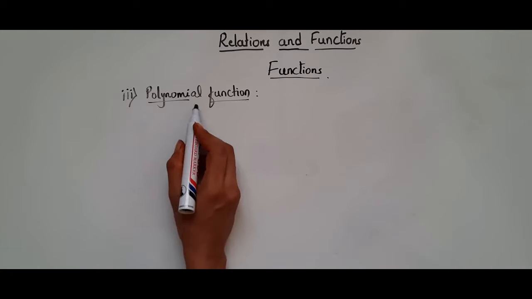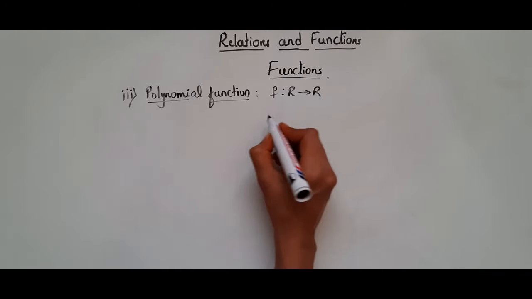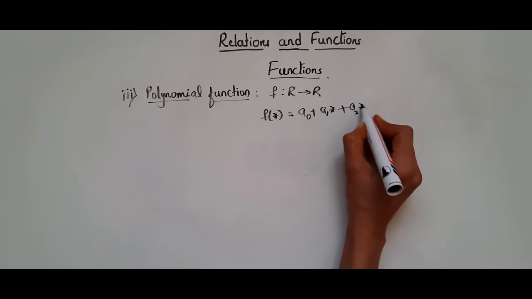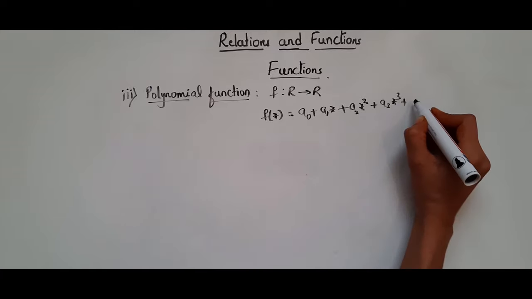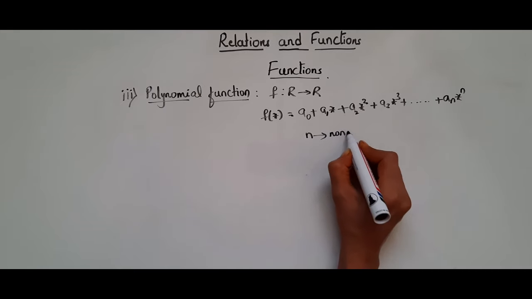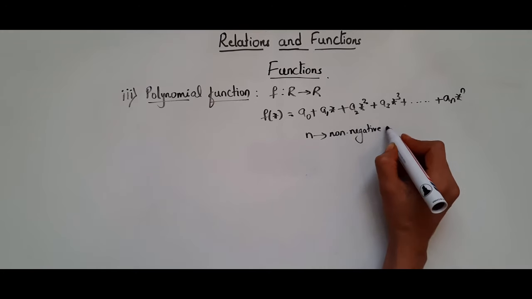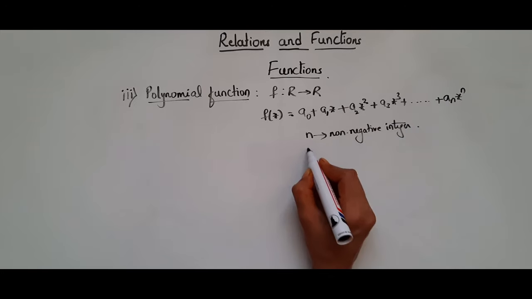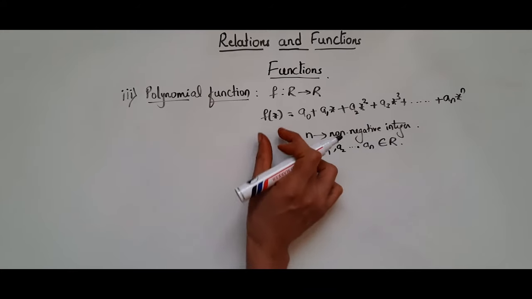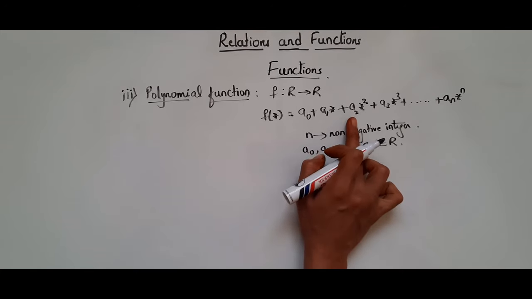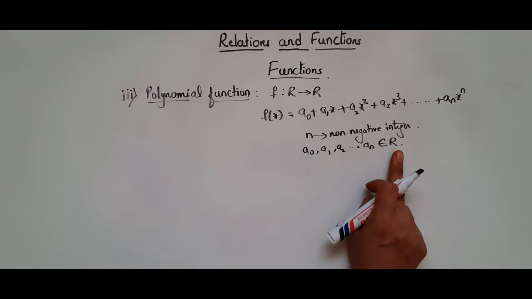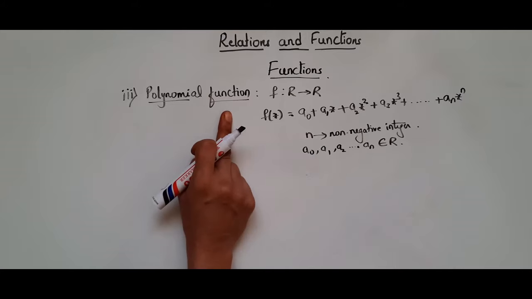Now let's see the third function, that is polynomial function, where function is defined from R to R and function of the form f of x is equal to a0 plus a1x plus a2x square plus a3x cube plus and so on up till anxn, where n is a non-negative integer and a0, a1, a2 and so on till an belongs to R. So such expressions are called polynomial functions.